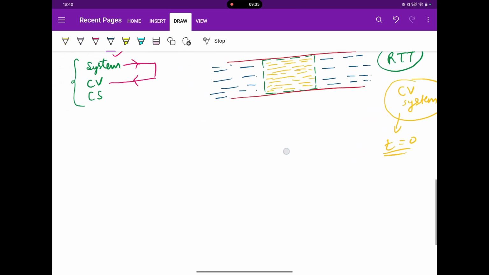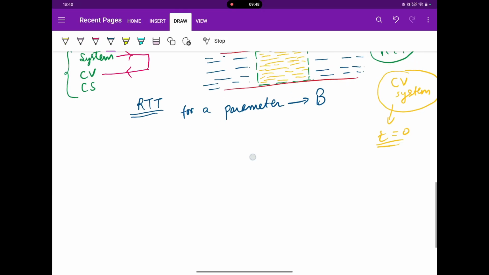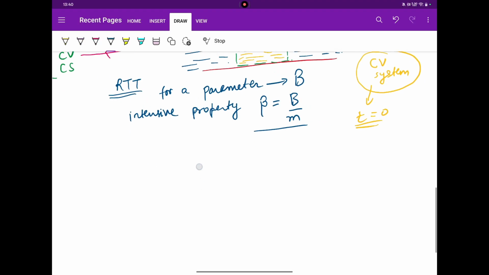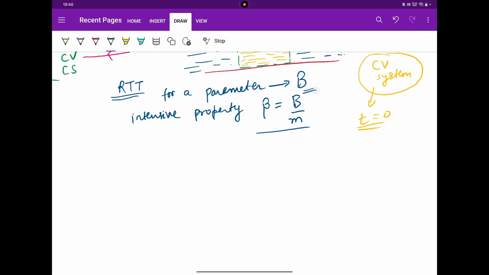So now with time I want to write the equation RTT for a parameter B. Now I will define an intensive property, beta, which is B by mass M. In the system, what is the change of this parameter B?